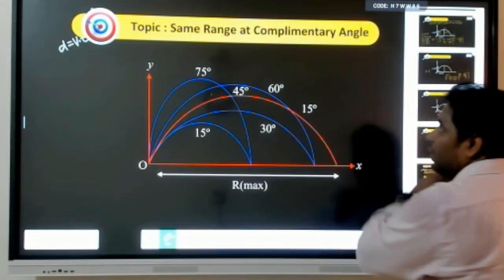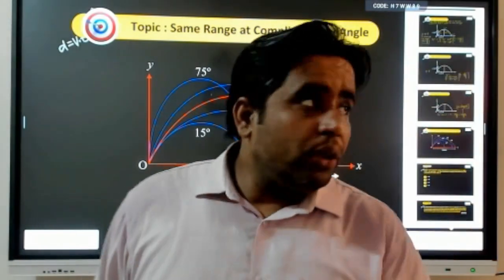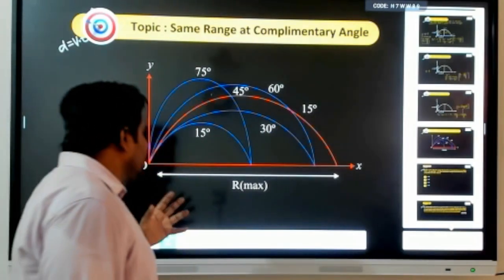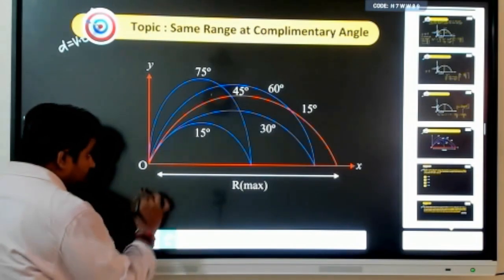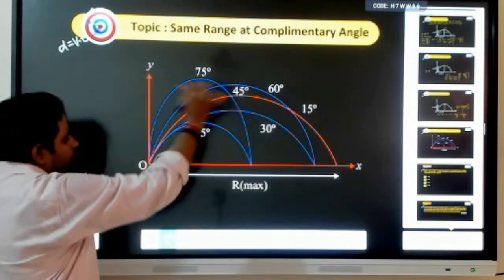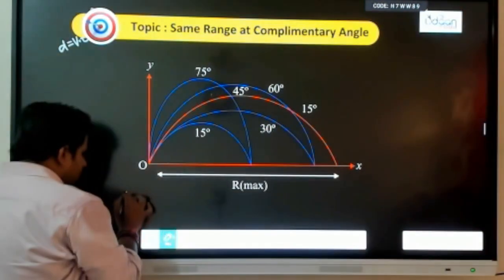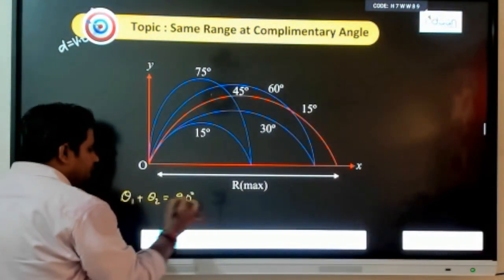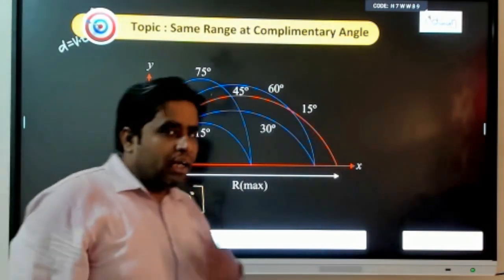And the last one is what? We are going to talk about one condition when the same range is going to be attained. The range will be the same when theta 1 plus theta 2 comes out to be 90 degrees, which is said to be complementary angles. Only in that condition is the range the same.